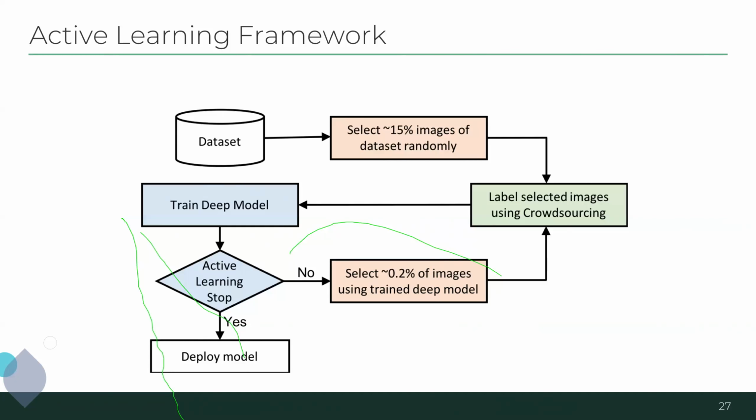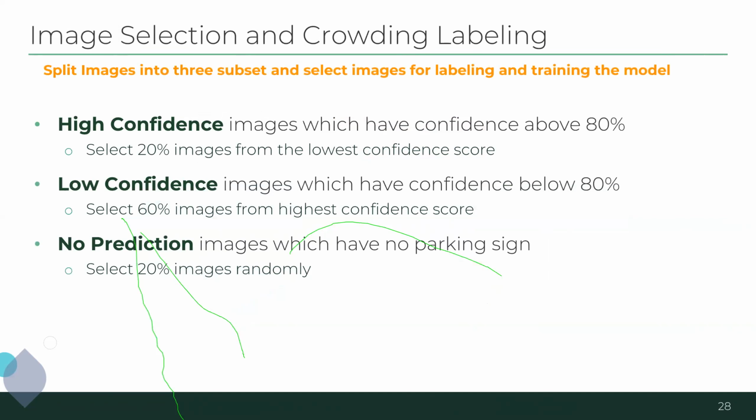So we divide the predictions on unseen data into 3 subsets. One is the high confidence images, which have a confidence score above 80% for detecting a parking spot in that image. From that, we select 20% of the images with the lowest confidence score within that subset.